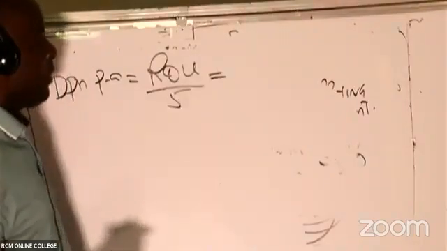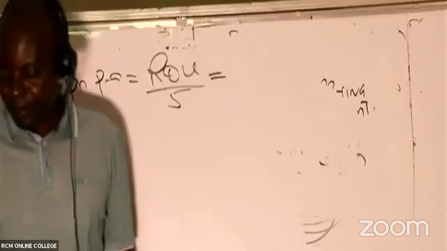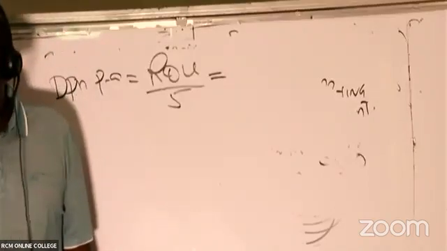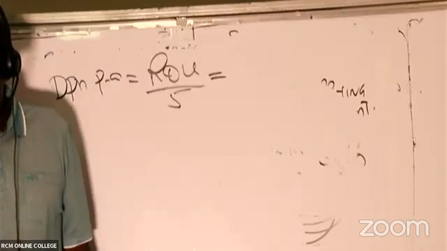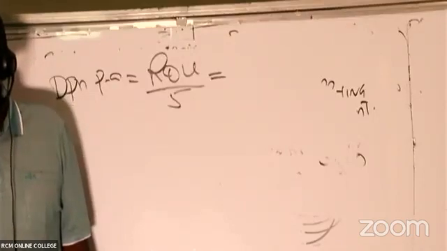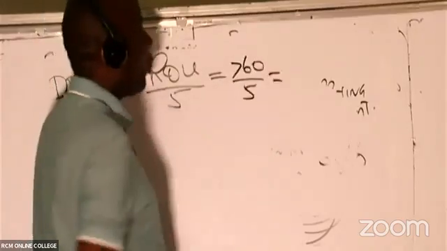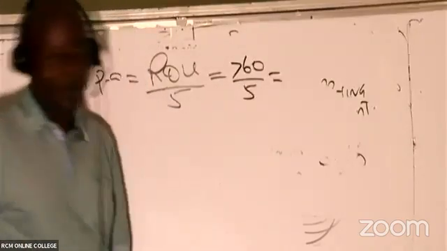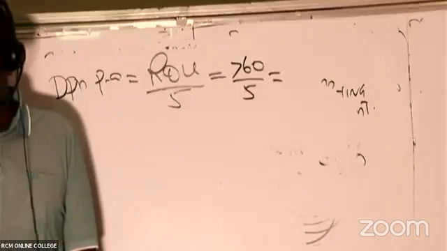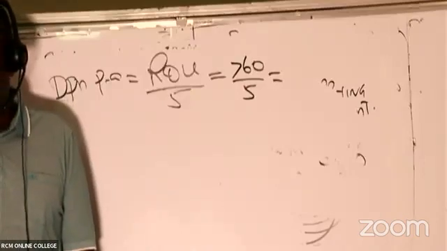You had given me a figure for ROU, only that I seem to have forgotten it. The right of use was 760. So I'll take 760 divided by 5, which gives me what here, somebody? Please talk to me.